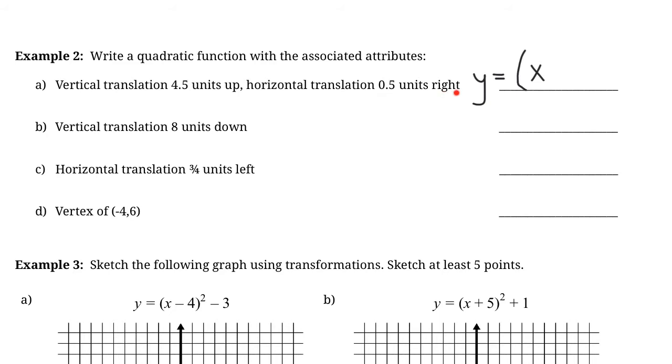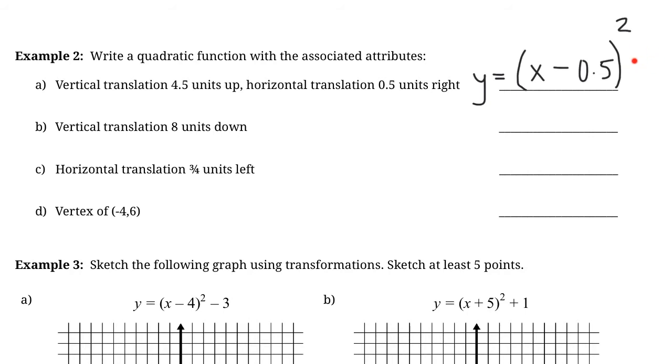Now, remember, if we are shifting to the right, that means we need to have a negative value inside our bracket. So we're going to put in a negative sign, and then we're going to put in the number of units, which is 0.5. We're going to close the bracket, we're going to square it, and then we're going to check and see if we need to put in a k value.